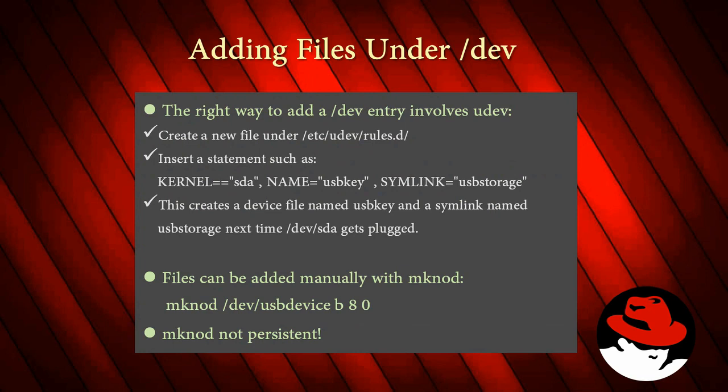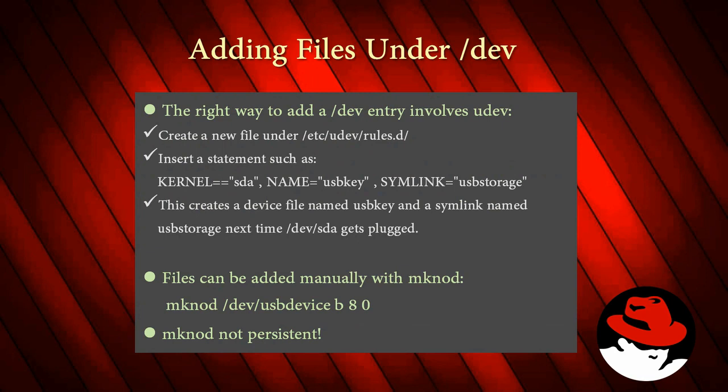You can create device file names with the above name and store that so next time when the device gets plugged in, files can be added manually with the mknod command by writing the command with this syntax: mknod /dev/usb device b and the port number.